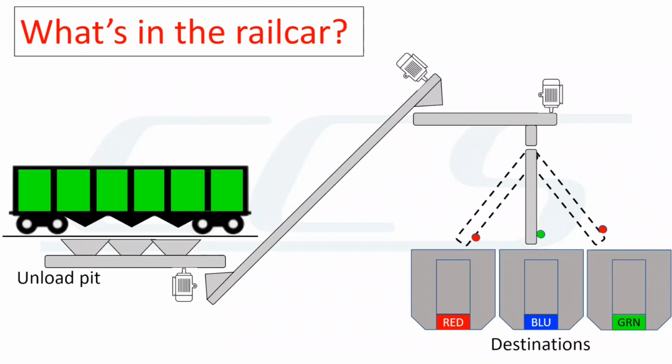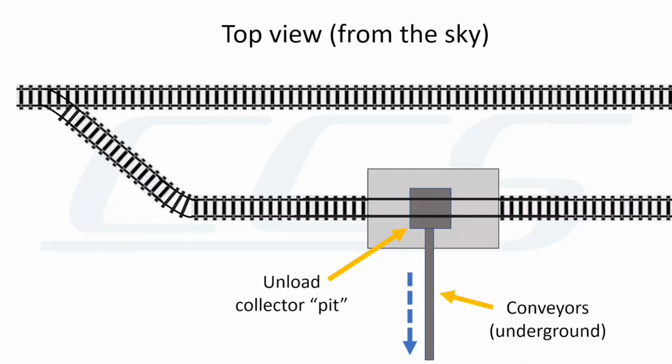Before we get to that, let's look at the unloading station from the top view. This is a top view of the railcar unloading station. The railcar is moved over the unloading station so that the discharge chute or valve is over the unloading collector or pit. Most plants with railcar capability have multiple spurs, and some have multiple unloading stations.